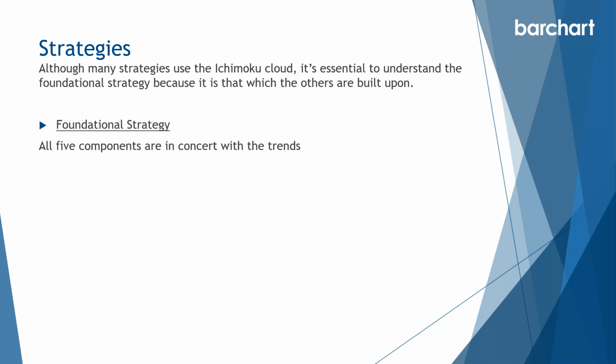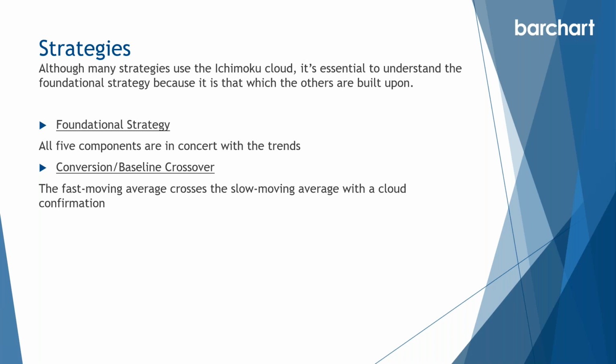Again, this is a trend identifying, trend following system. So the trend has to be established for all 5 of these to be in concert with a trend. Now we're going to look at the conversion baseline crossover, which is more like a moving average crossover, where we have a slow moving average versus a fast moving average.